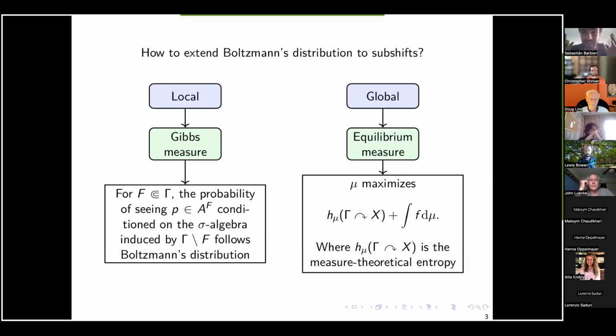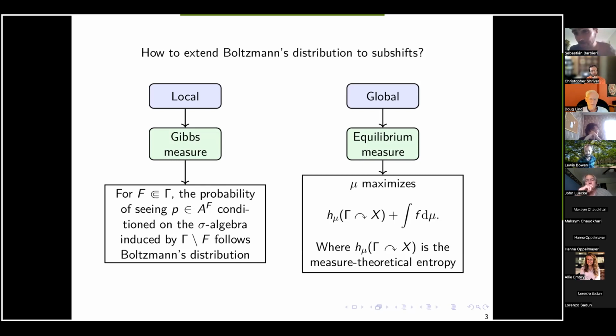Okay, so I'm going to have these two notions. One is local, one is global. And the main question that I'm going to try to answer today is how are they related? Okay, if you're worried because I haven't defined any of these things, don't worry because I'm going to define them carefully later on. Okay, this is just the motivation for what comes next.